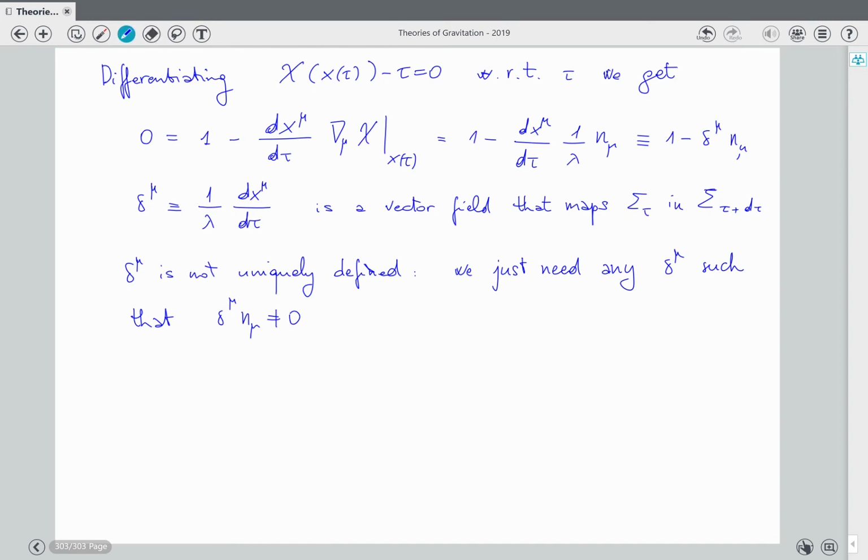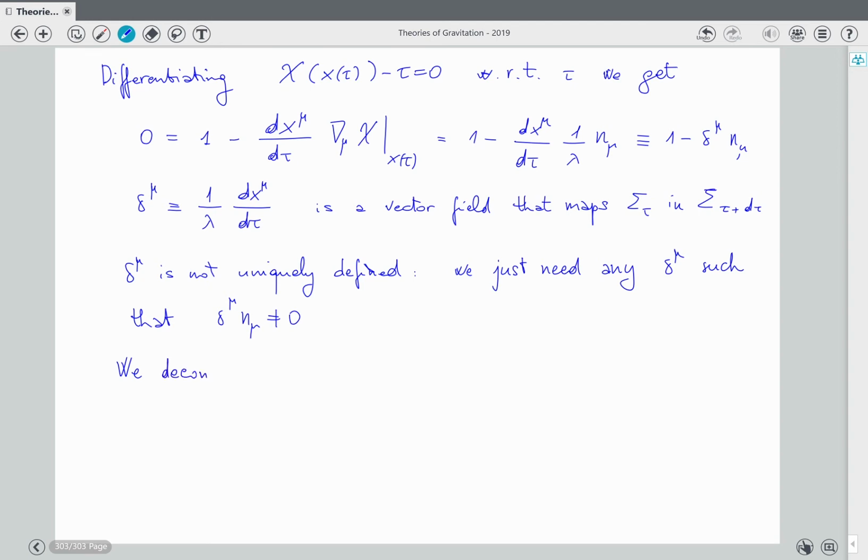Any. And so taking a generic delta mu such that this is non-zero, we decompose it in its component tangent to the surfaces and normal to the surface.